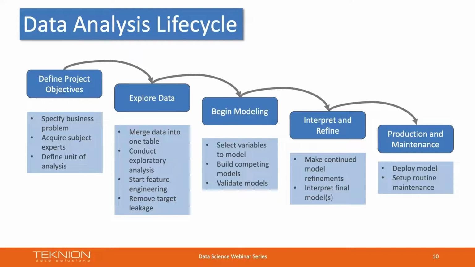So we deploy the model, and then we set up routine maintenance, whether it's daily or weekly by us, meaning the one that built the model, or we get a third-party tool such as Data Robot to actually run the production and maintenance of the model, and then send us alerts for when we're outside of some threshold.